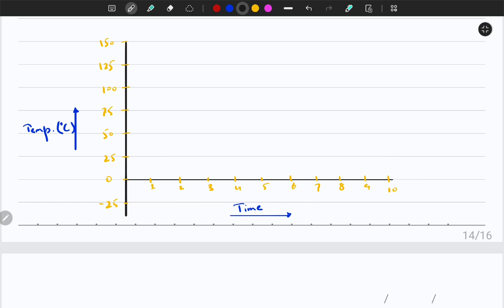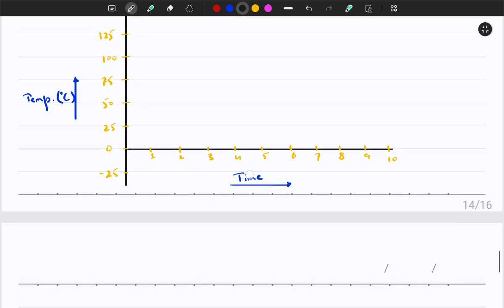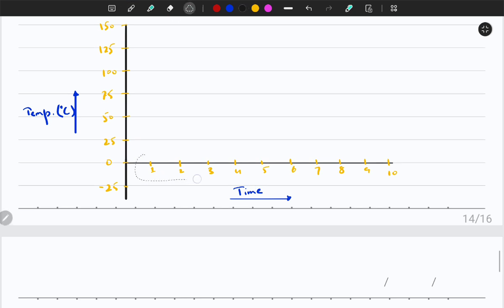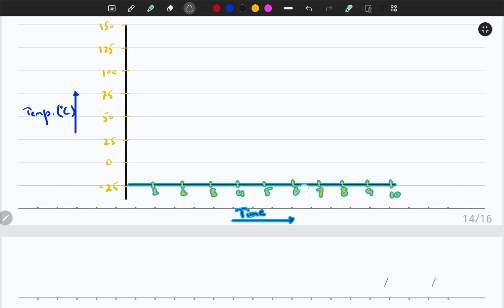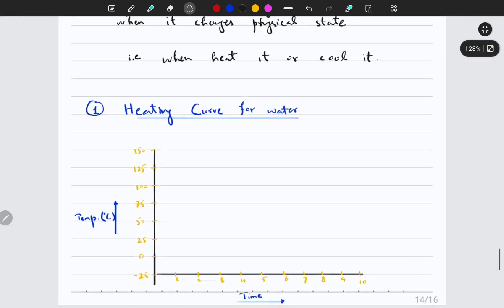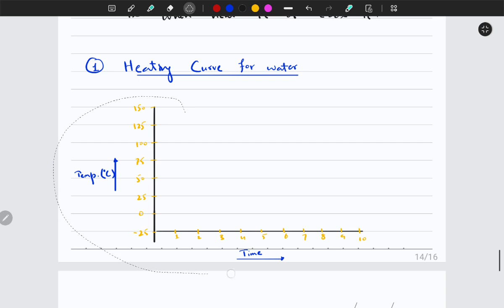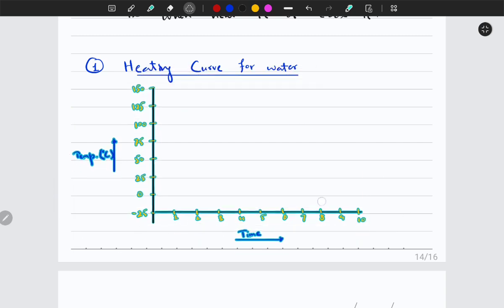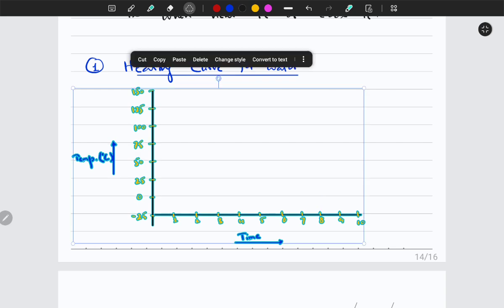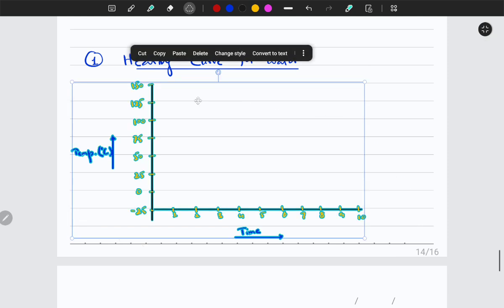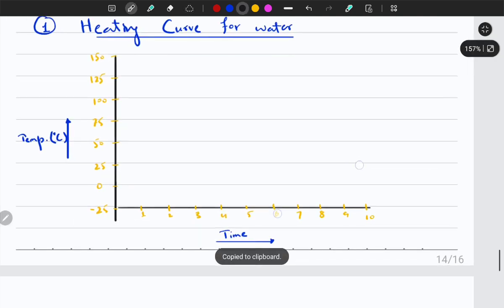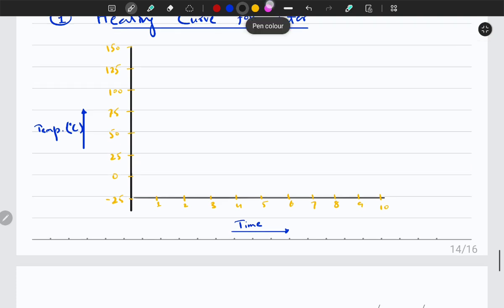We can move this a little bit at the bottom just to make sure you get the idea. Okay, let's keep it here, and this is fine.